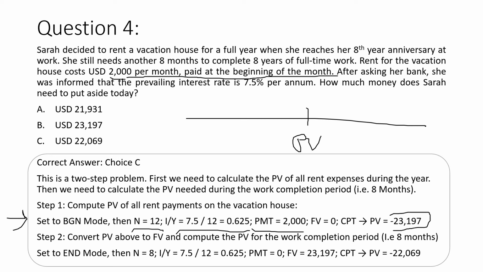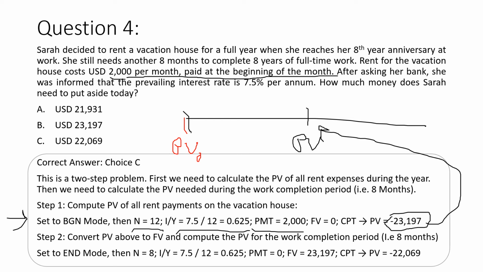This PV is the PV over here, okay, at the beginning of the second phase. What is required, however, is, let's throw this one on red, the PV over here, okay, the PV today.